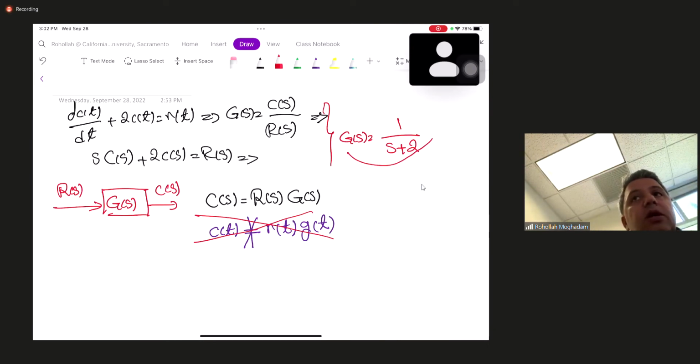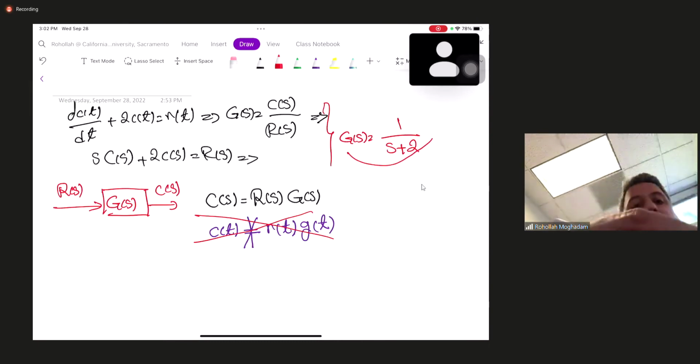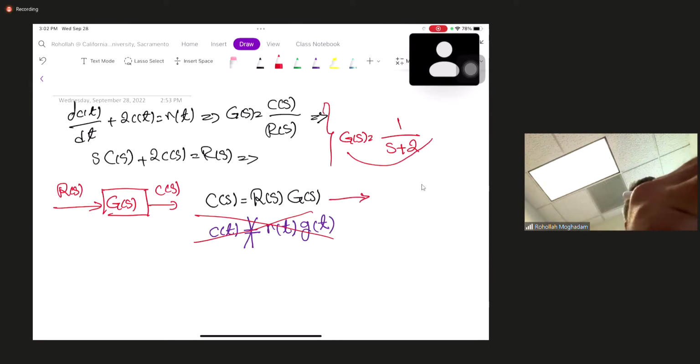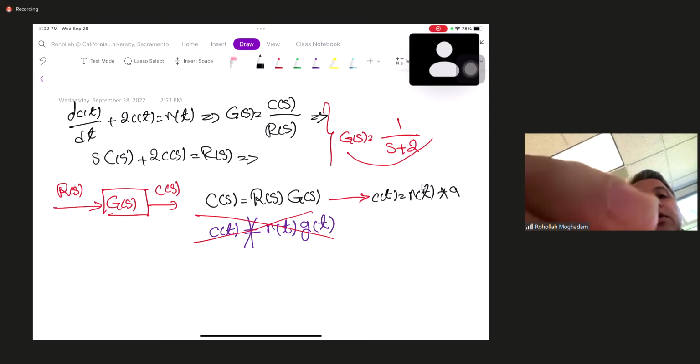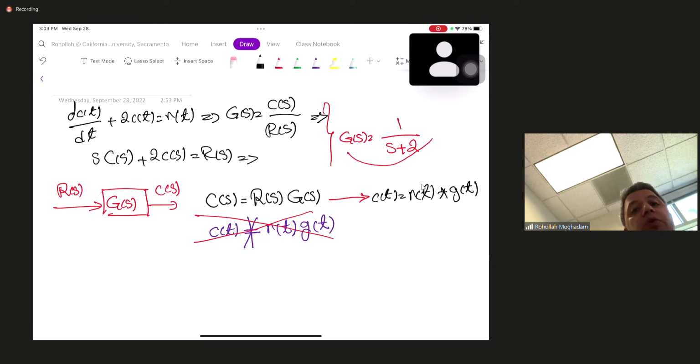So this is not correct, because there is a concept in the Laplace transform that we call convolution. Then c(t) is the convolution of the transfer function and the input signal, and this is not multiplication.